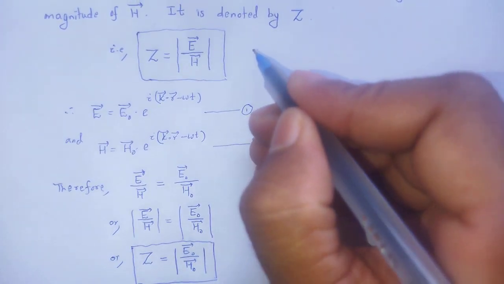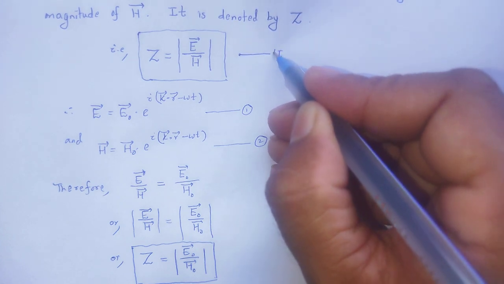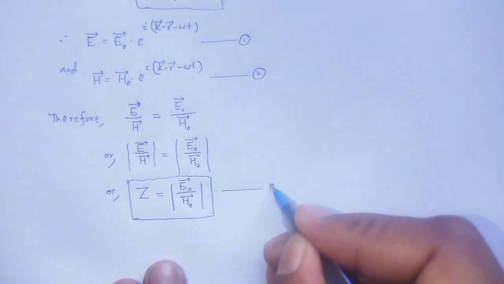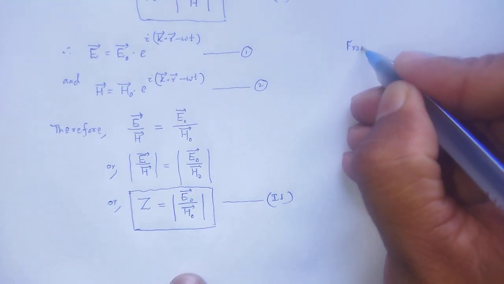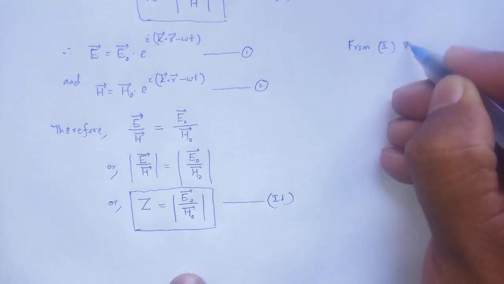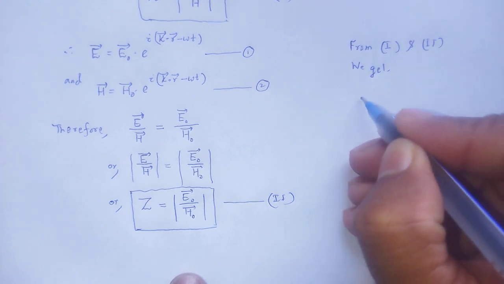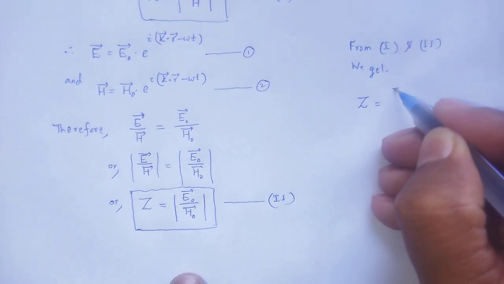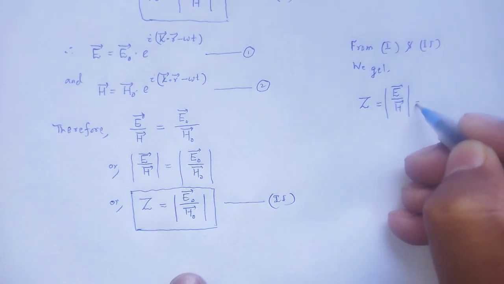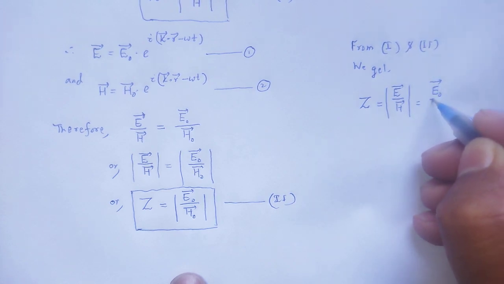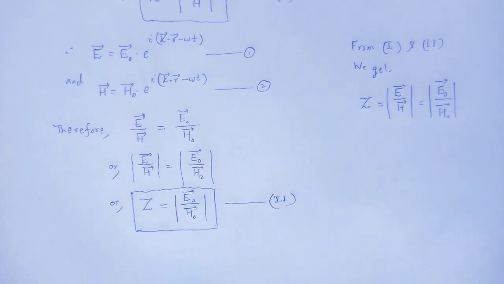Therefore, from equation number 1 and 2, we get Z is equal to the magnitude of E vector by H vector, which is equal to the magnitude of E naught vector by H naught vector.